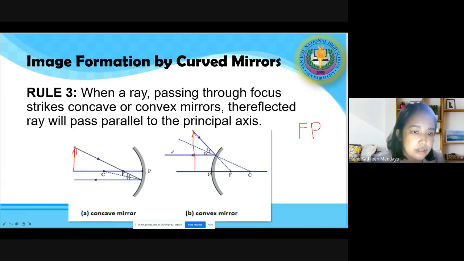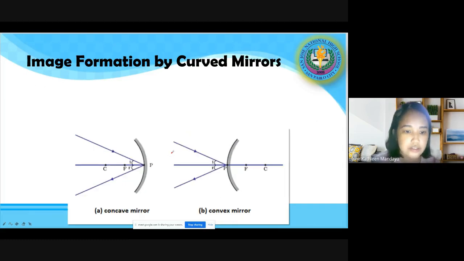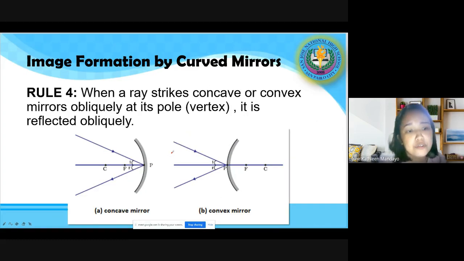So again, when you have questions, you take note of them on your notes and then we'll go back at them after this discussion. And then for the rule 4, I have to also clarify this portion of my discussion last time kasi mali yung illustration na nalagay ko. When a ray strikes concave or convex mirrors obliquely at its pole, it is reflected obliquely. When we say obliquely, in the same manner. So if we have here the object at this location, okay, we have a light ray that is coming from the tip.